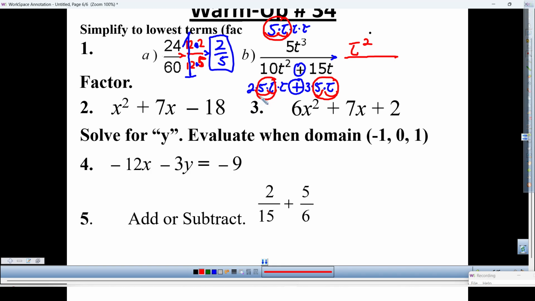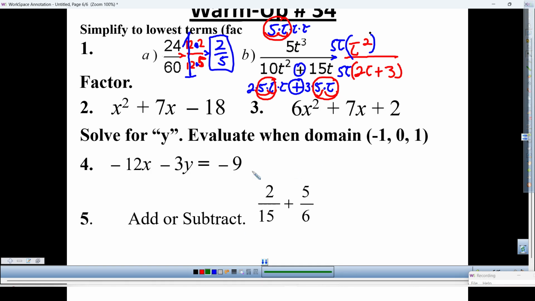How about here? What's left here? 2t plus, how about here? 3. So if we put that in parentheses and we extract the 5t, I'm going to put it right here, 5t. Put this in parentheses, put the 5t on the side. Do you guys see the giant 1?